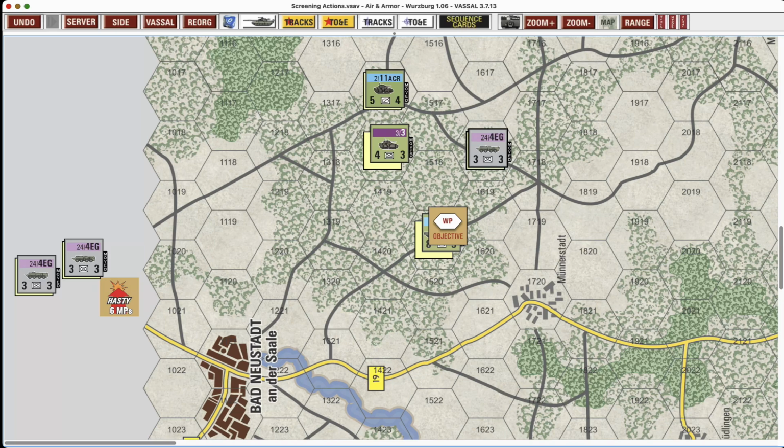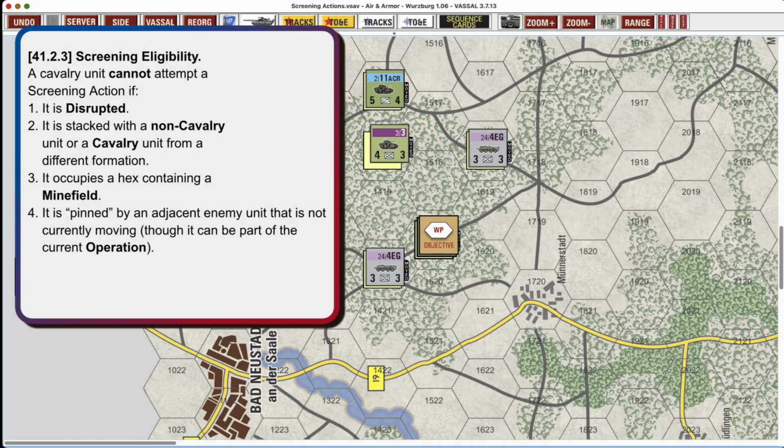However, if the Warsaw Pact unit moves away, then when the second unit moves on, 1, 2, 3, 4, this NATO unit would be eligible to conduct another screening action, because at this point it is not pinned by an adjacent Warsaw Pact unit.